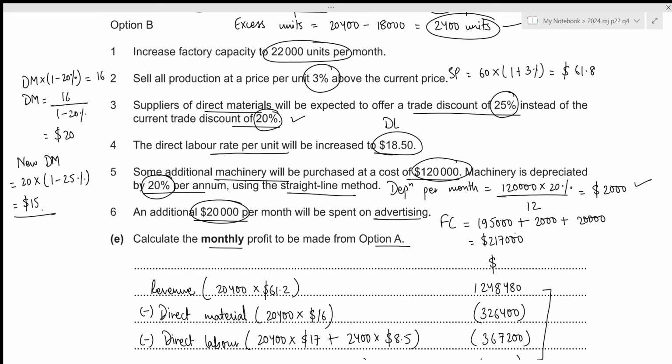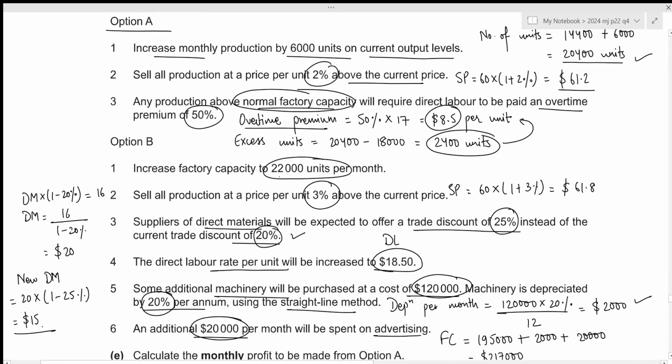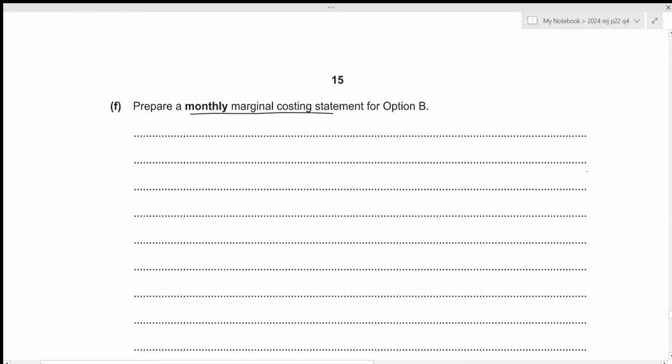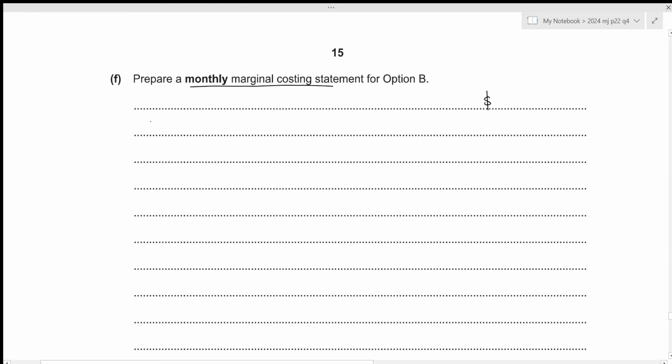Since we have calculated everything, we can start with the revenue. And in this case, we have a total of 22,000 units and a selling price of 61.8. So the revenue is just going to be 22,000 times 61.8. This results in the value of 1,359,600.